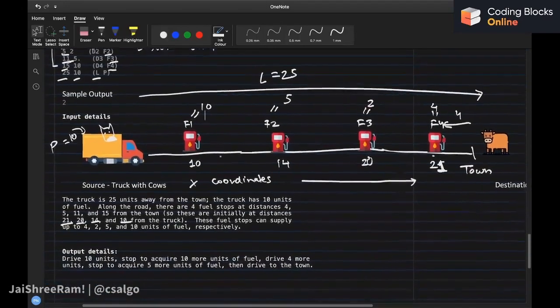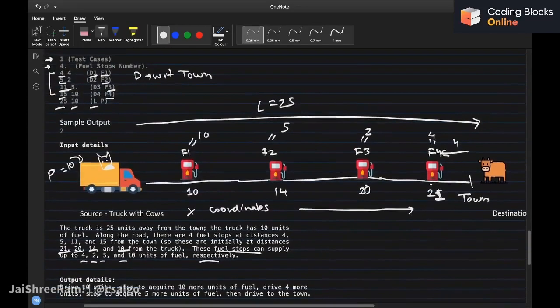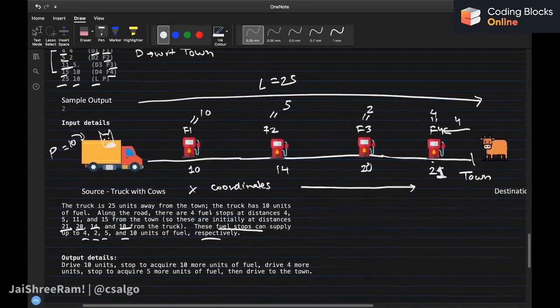So these are the fueling capacities of these stations, which means they can give at most this much quantity of the fuel to the truck. Okay, so these fuel stops can supply 4, 2, 5 and 10 respectively. Okay, so now you have to find out if we can reach the town or not.